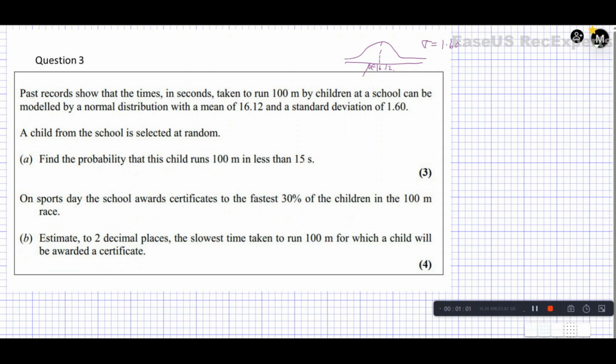So this is 16.12, so less than 15 should be this side where your z-scores are all negative. Okay, your z-scores are all negative. So you can use calculator, or you can use the mathematical table, okay, given in the exam, or the formula sheet. I'm going to use the formula sheet, okay, not the calculator, so let's give a try on this.